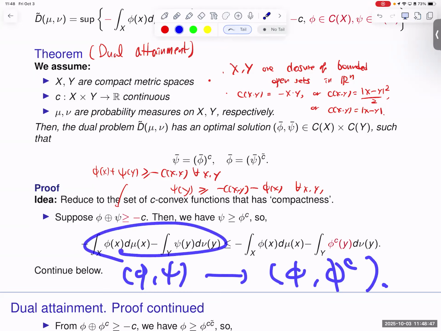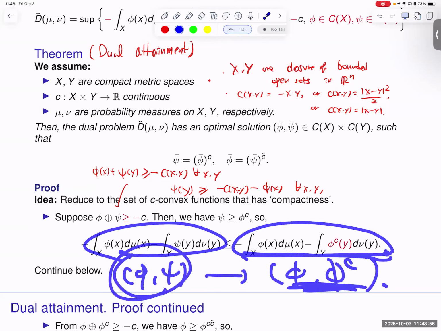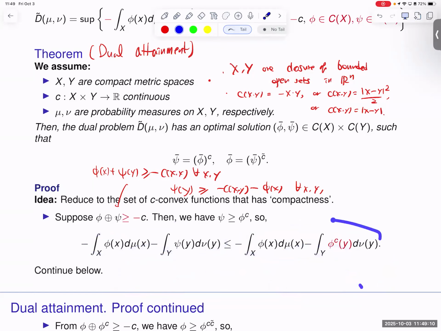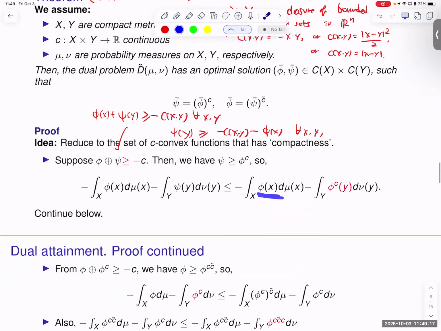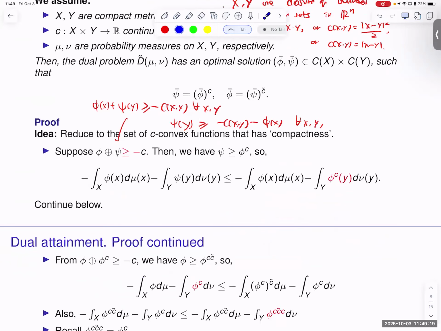The corresponding objective function for the next pair is bigger than or equal to the original. So in the maximization problem, you don't have to consider the original one. You can just consider this one because it already has a bigger value than the other. Am I making sense? And then from here you can go further. Now you can play the same game to replace this with the C-transform of the other.